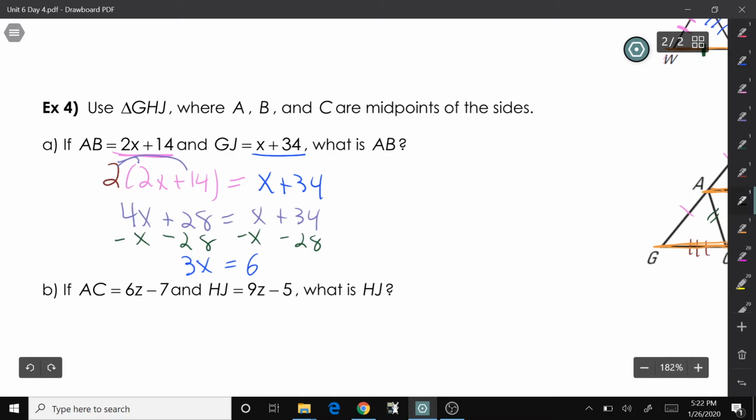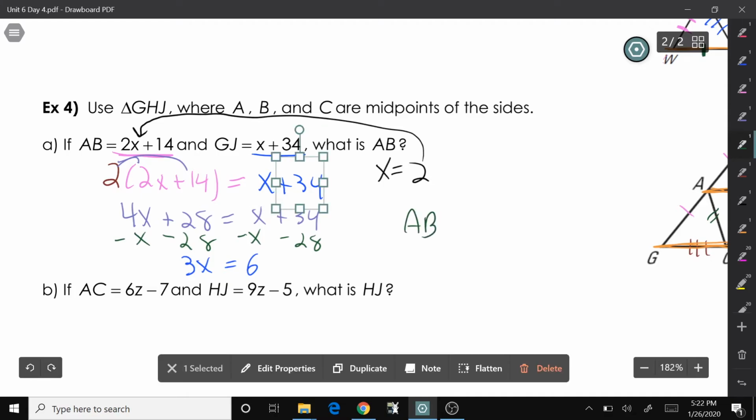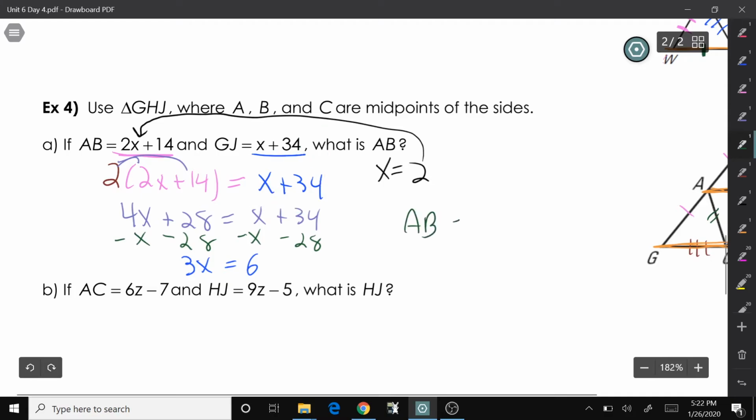Divide both sides by 3. X is equal to 2. That's not what the question is asking, though. The question is asking what is AB. So we need to take this 2 and plug it in for x in AB. AB is equal to 2 times 2 plus 14, which is equal to 18.